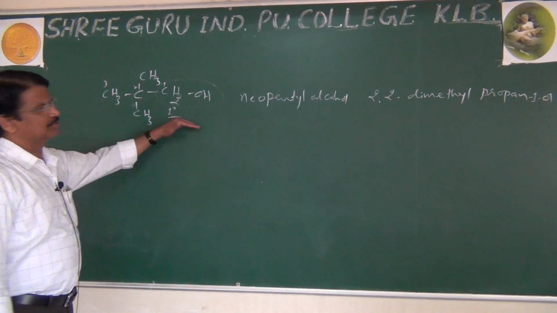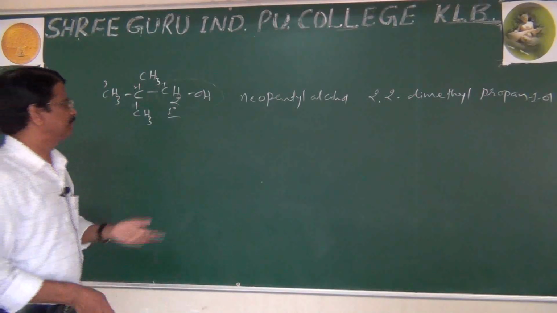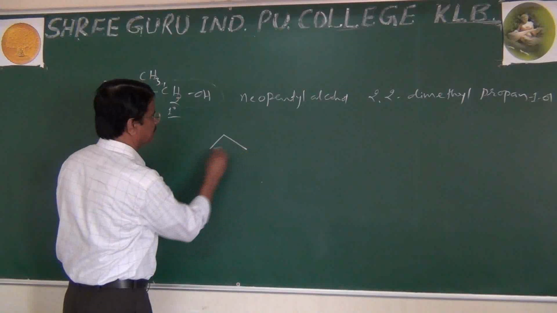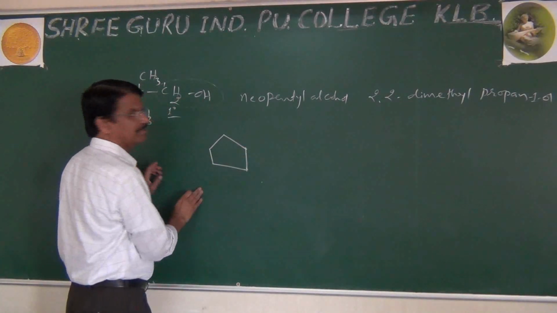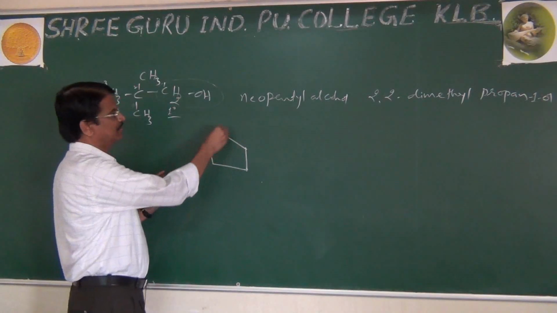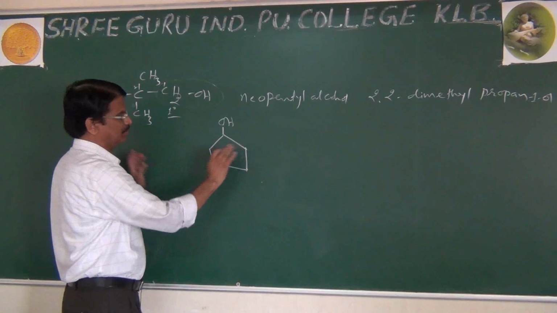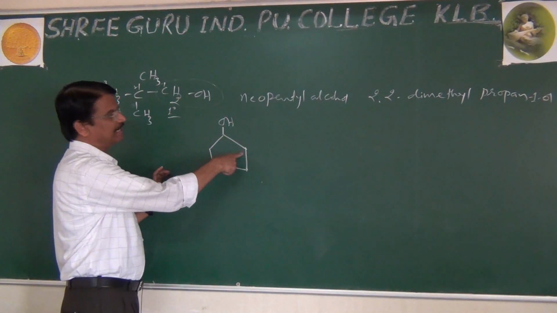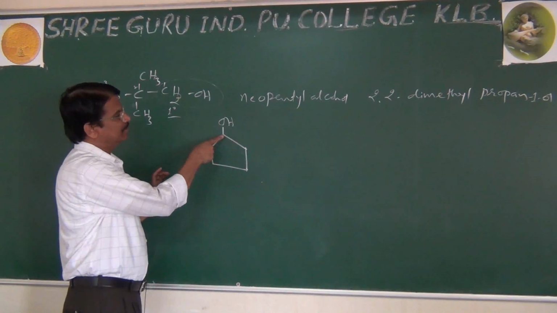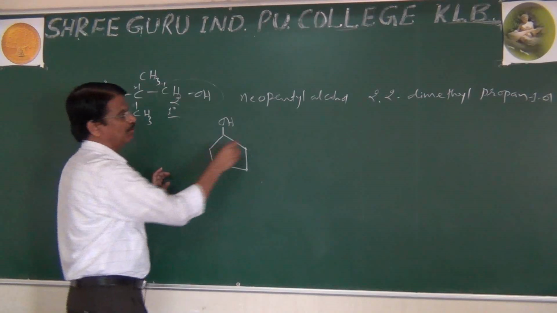Then the same thing we can continue for ring systems. If it is a 5-membered ring, it is called cyclohexane. Sorry, this one. A 5-membered ring is called cyclopentane. And here one H is replaced by OH. Therefore, it is called cyclopentanol.